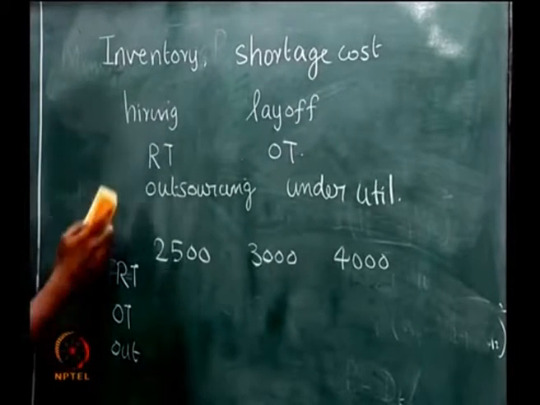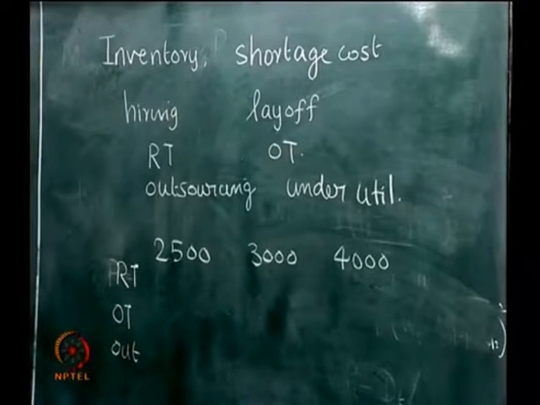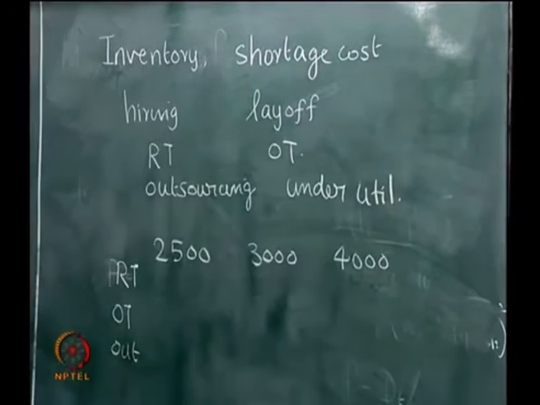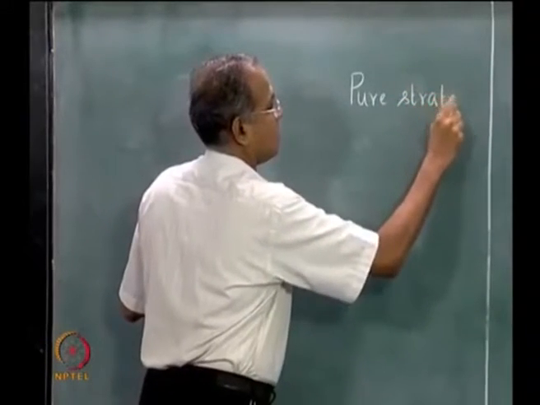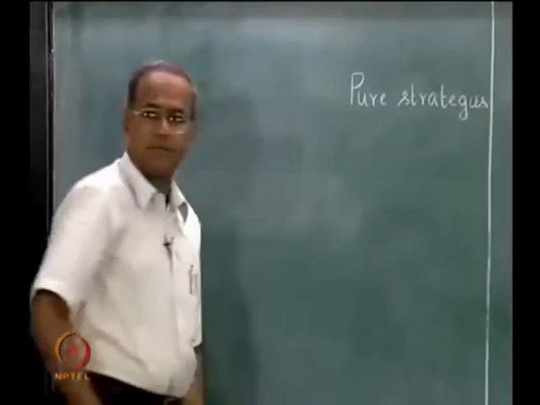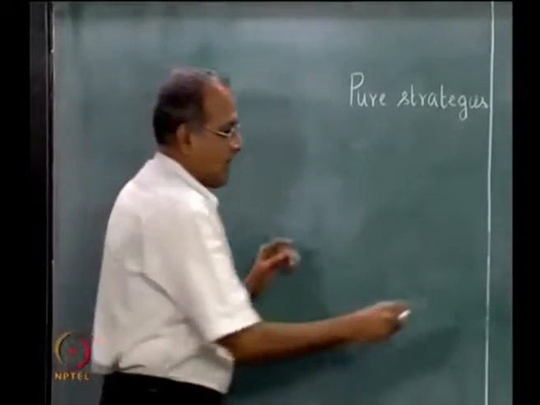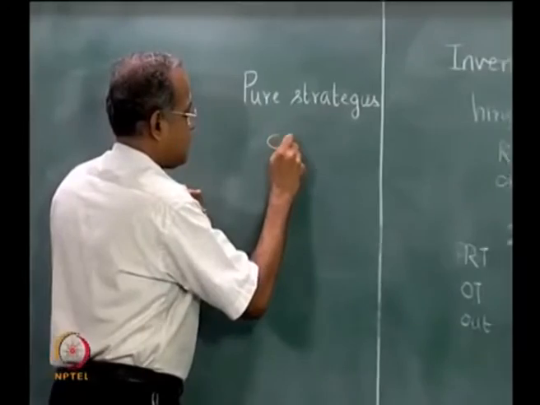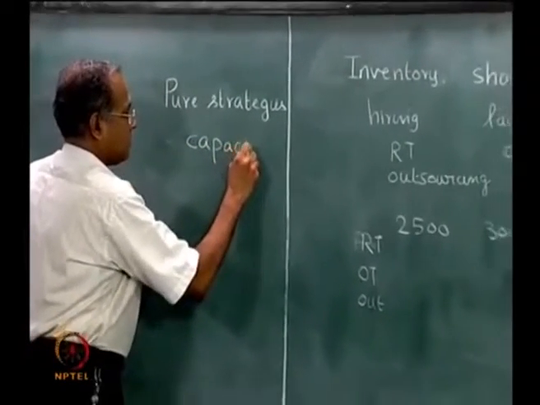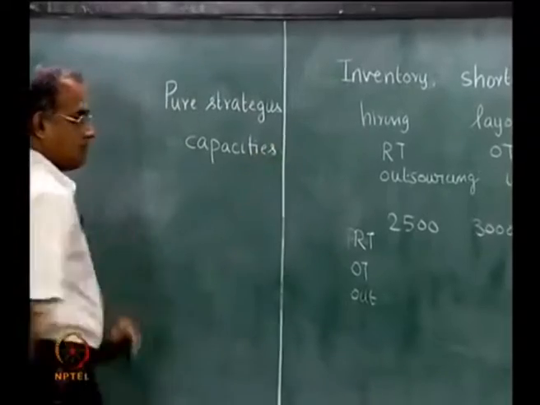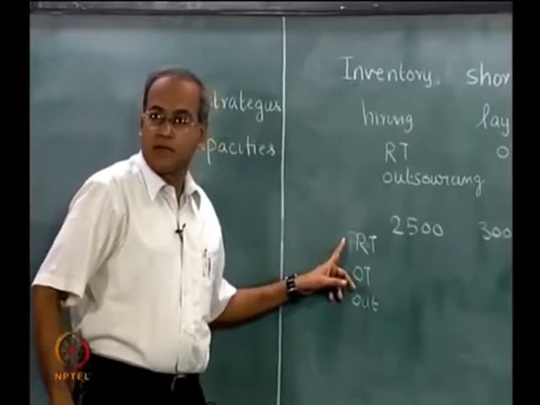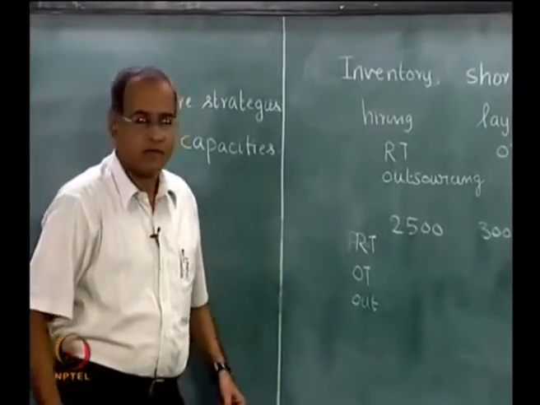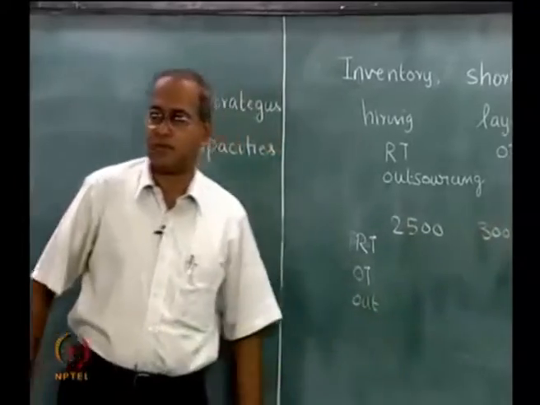So, if we look at this, the things that we can play around with are, one, to consider the pure strategies. The other is to adjust the capacities. Now, somewhere in the discussion I mentioned that the regular time capacity, if it is 2000, let us say, then it will be 2000 in all these months.